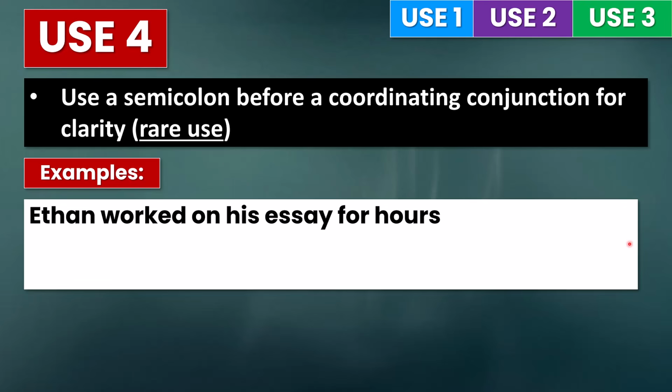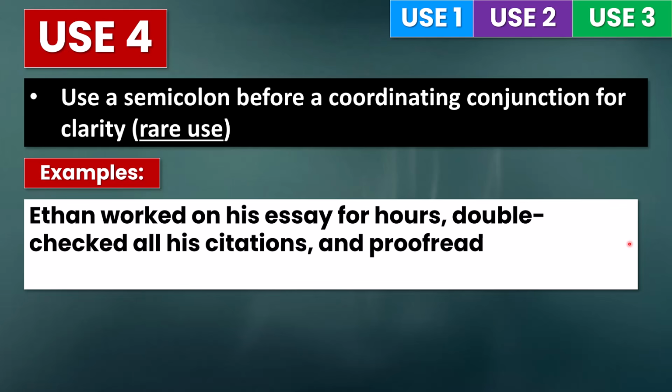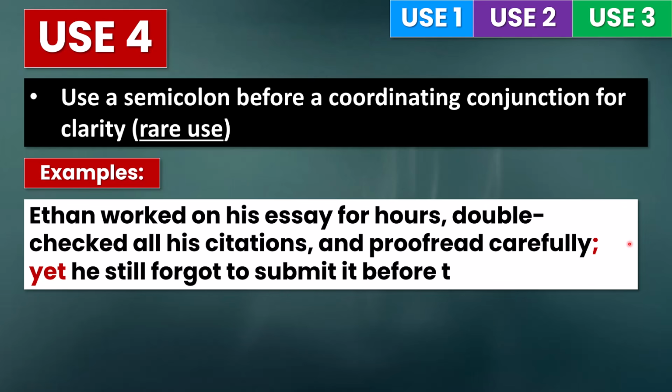Ethan worked on his essay for hours, double-checked all his citations, and proofread carefully; yet he still forgot to submit it before the deadline. So you can see that this is an especially long sentence, and the first part before the semicolon here is an independent clause with multiple commas separating items in the list. He worked on his essay for hours, double-checked his citations, and proofread carefully.